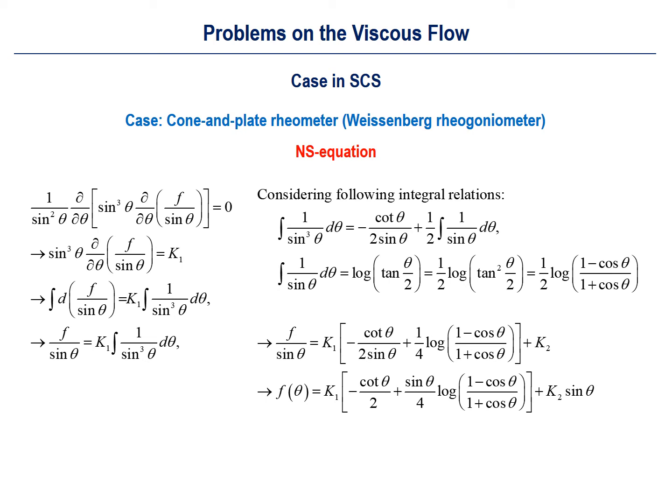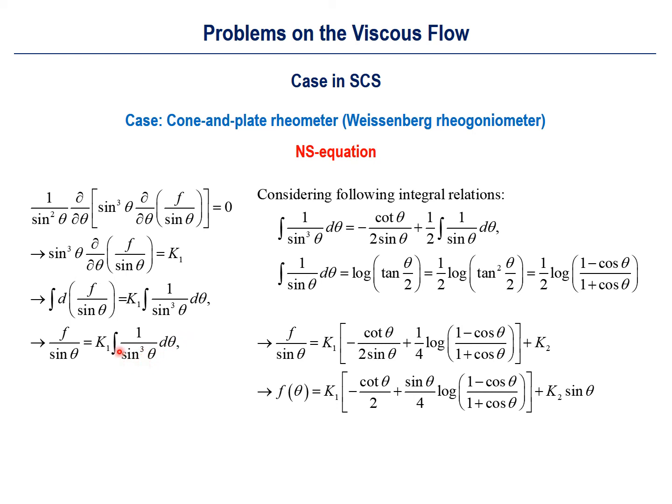So using the differential equation derived in the previous slide, let's integrate. Let's cancel this out, and there will be sine cubed multiplied by the derivative with respect to theta of f of theta equal to K1. Integrate again, and you will get f of theta equal to some constant multiplied by the integral of 1 over sine cubed theta.